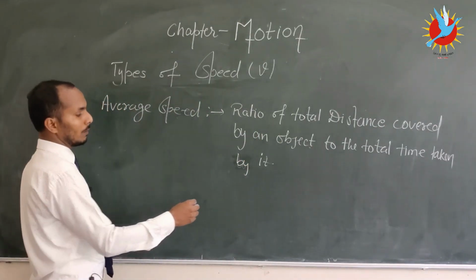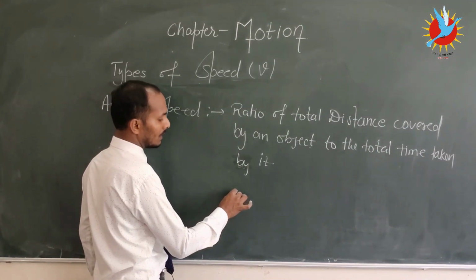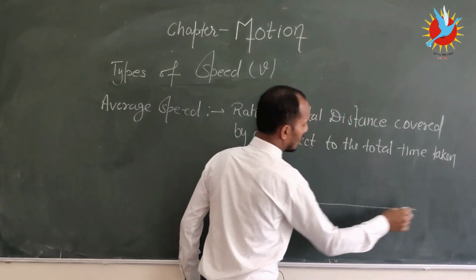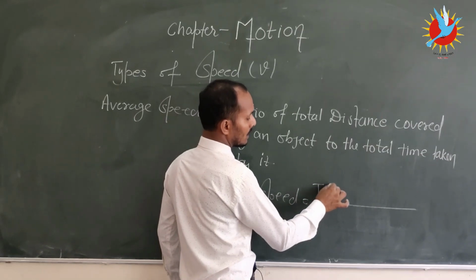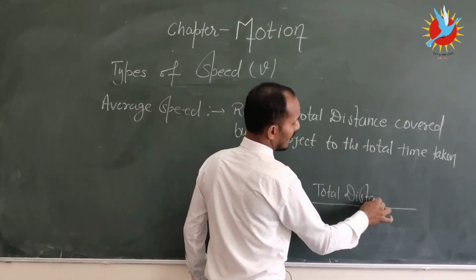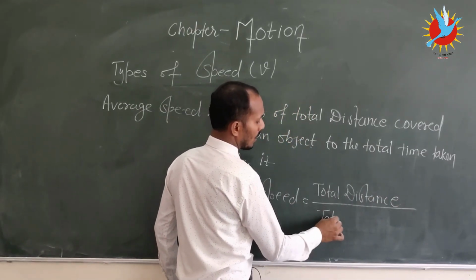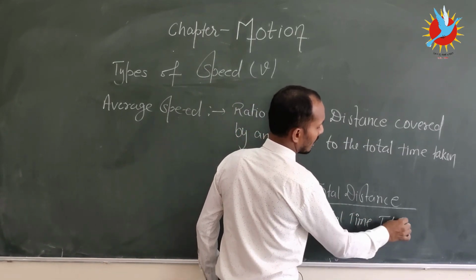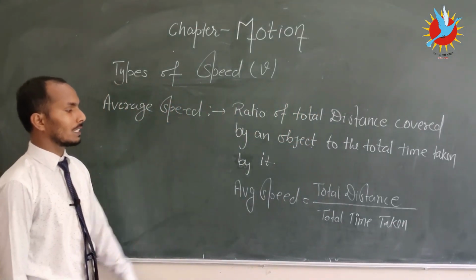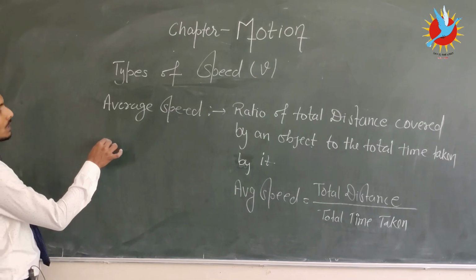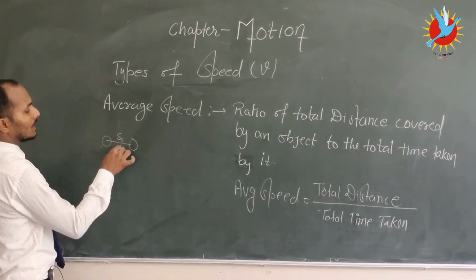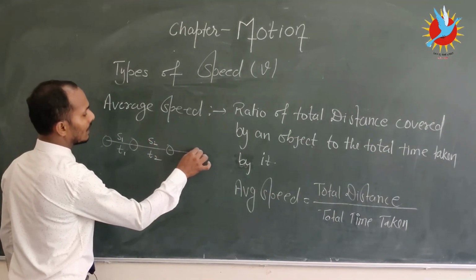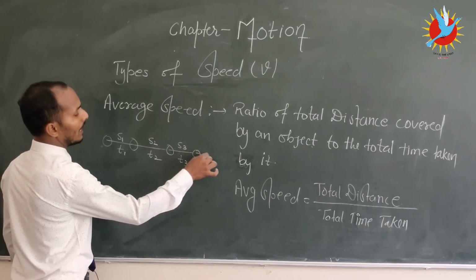It means average speed is equal to the ratio of total distance upon total time taken. Suppose a body covers S1 distance in T1 time, then it covers S2 distance in T2 time, and then it covers S3 distance in T3 time, and so on.